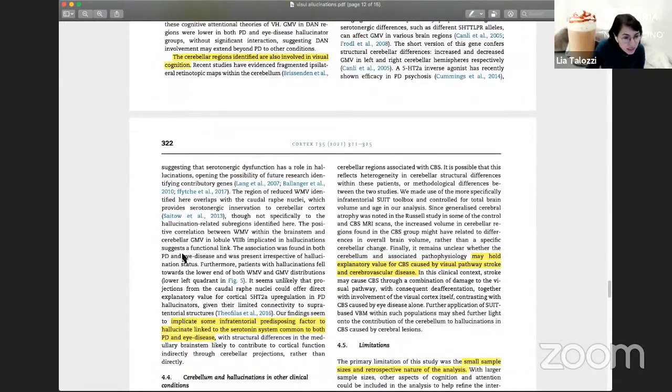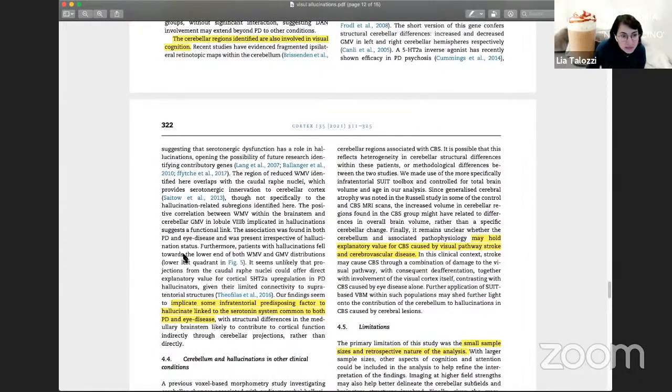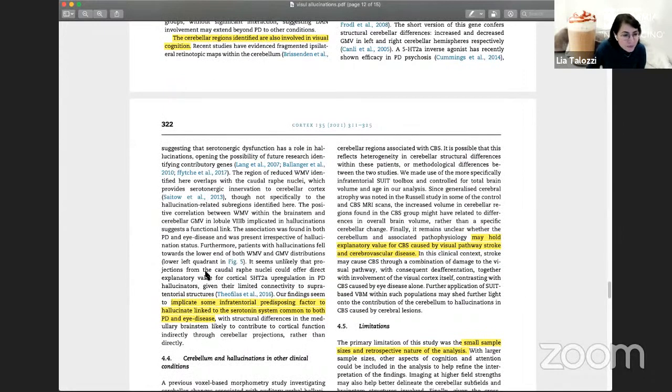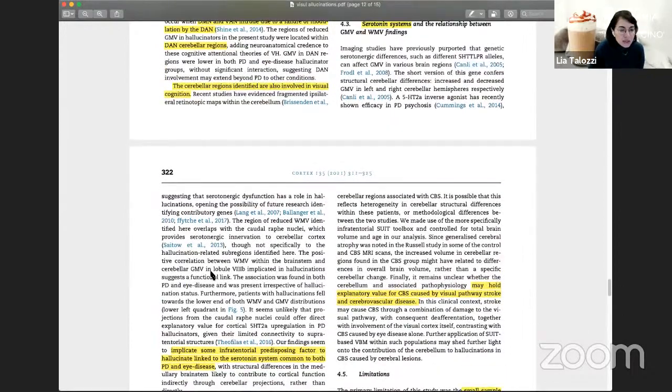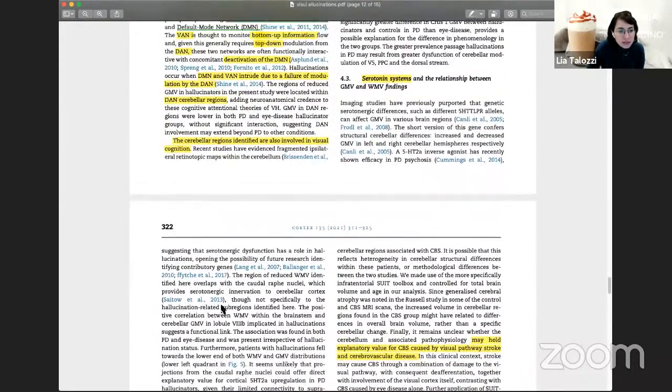That is just a functional link. And maybe the caudal raphe nuclei have a role in this system, but I think it's difficult to test. They were a bit cautious in explaining that.